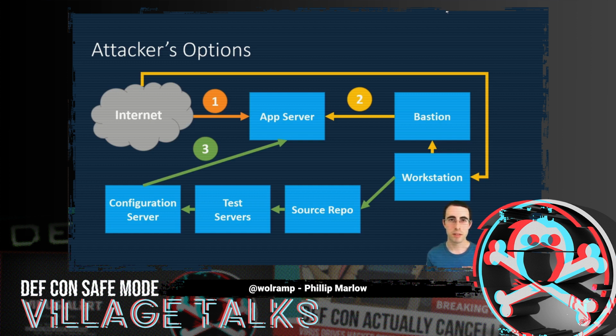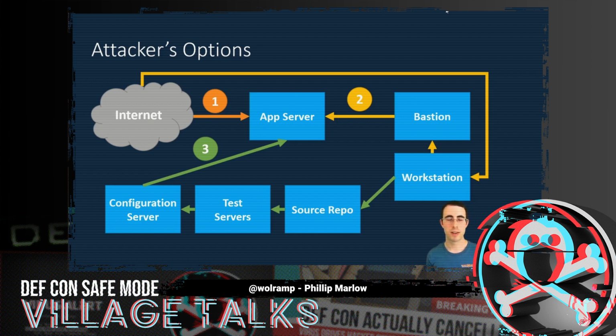Then in option 2, we're going to move laterally through the Bastion host and finally to the app server. We'll talk in a couple of slides about why this works so well. But before we get there, let's talk a little bit about option 3. With DevOps implemented these days, another way into that protected app server is through the DevOps pipeline itself.